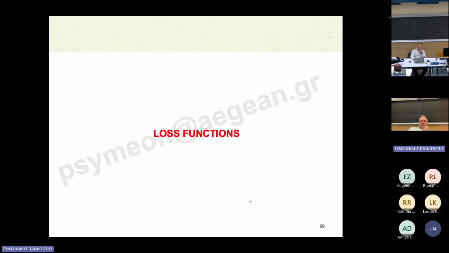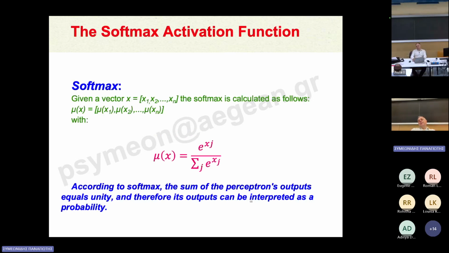Another important one, of course, is the softmax, which is a way to compute some kind of probabilities. In the numerator, we have the weight of one link that goes to the perceptron. And in the denominator, we have the sum of the weights of the links that go to the perceptron.